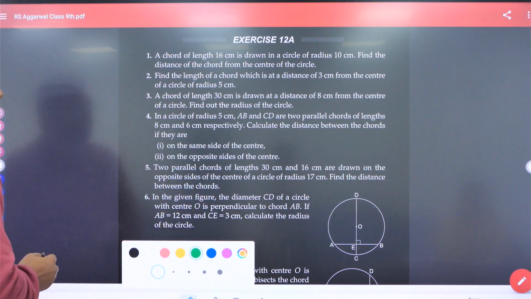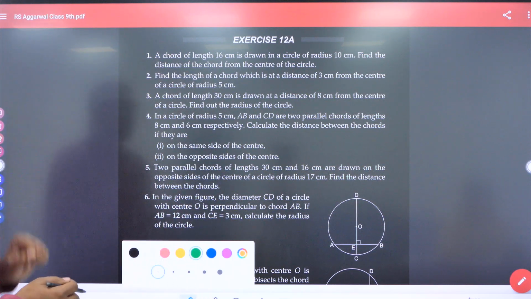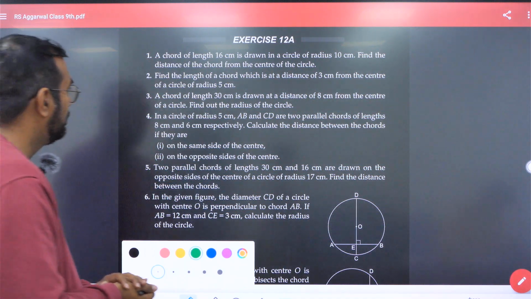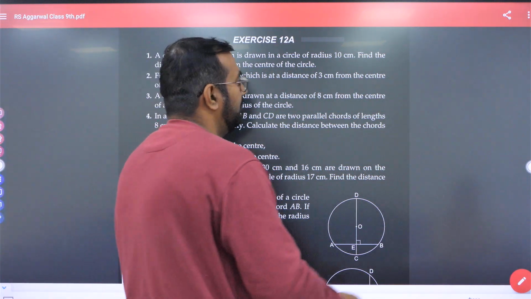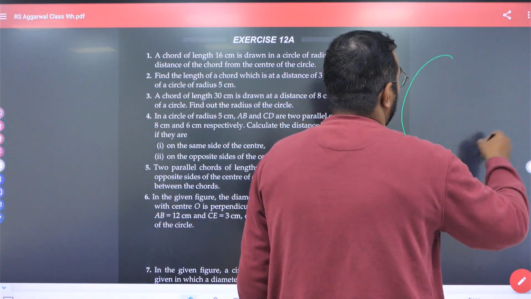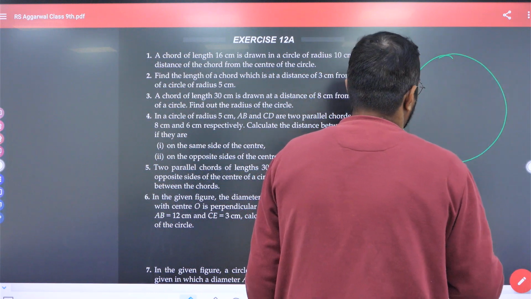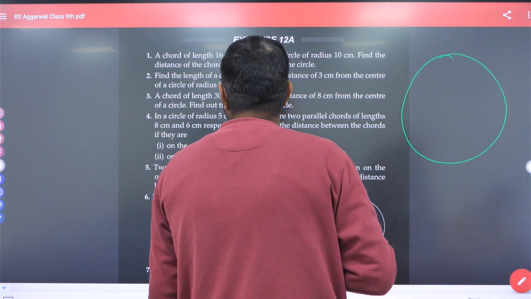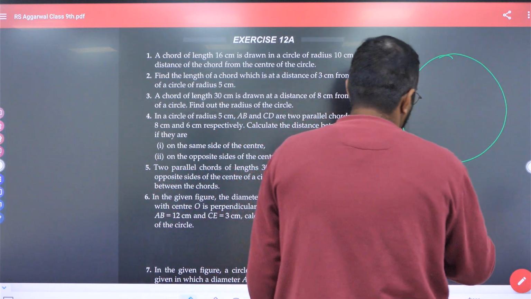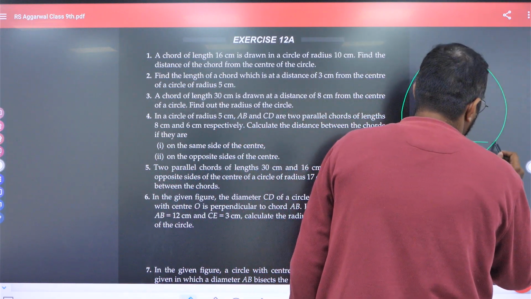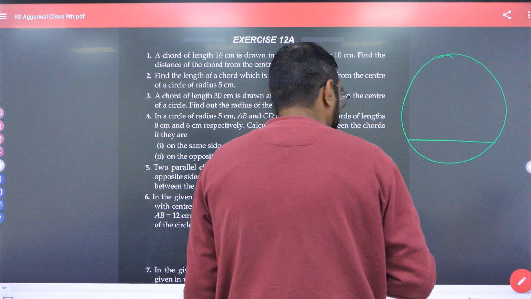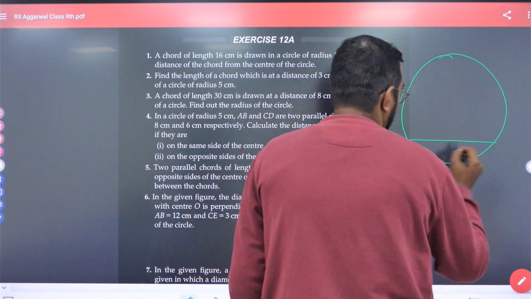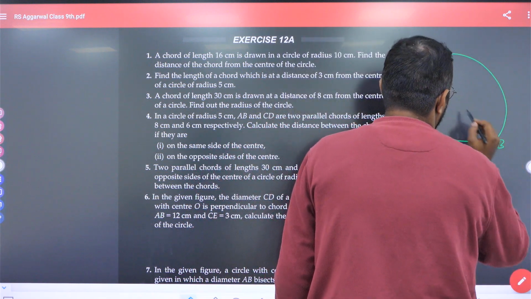Find the length of a chord which is at a distance of 3 centimeter from the center of a circle of radius 5 centimeter. So here there is a circle. In this circle there is a chord, namely AB.